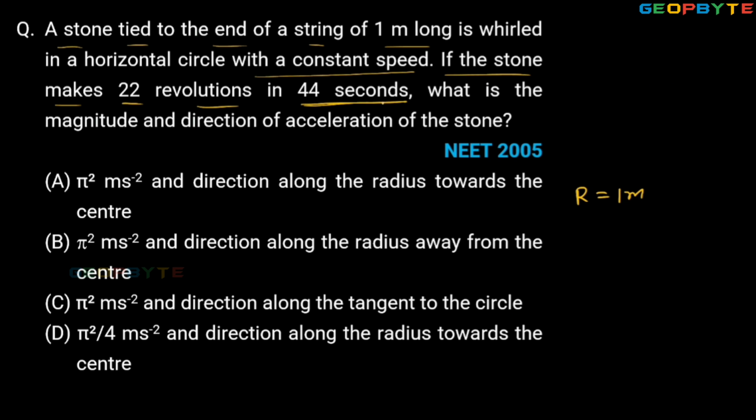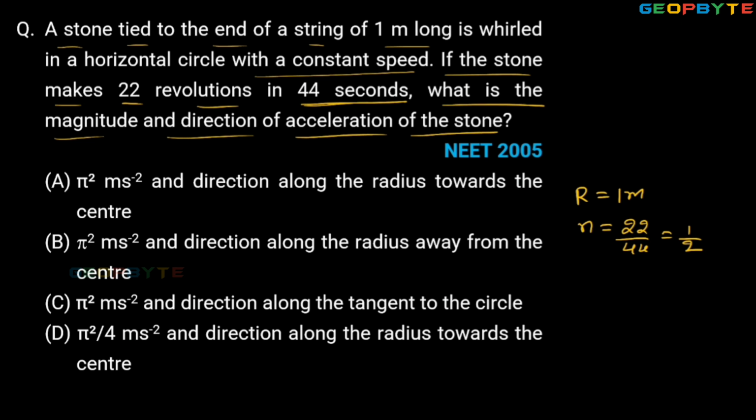Then the number of revolutions made in 1 second is 22 divided by 44, equal to 1 by 2. What is the magnitude and direction of acceleration of the stone?